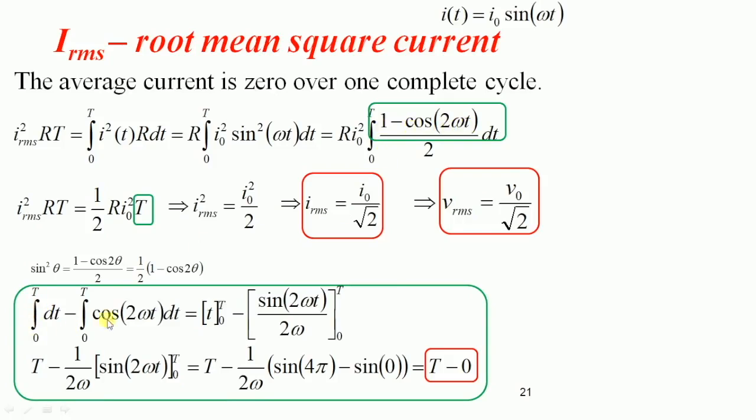So first part integration will be t, where limits roll from 0 to capital T, and in the second part we have integration cos of 2 omega t as sine of 2 omega t upon omega, where the limits again go from 0 to capital T. So this integration, second part, also amounts to 0, and the net result is capital T. So here this capital T value we have substituted in this integration.